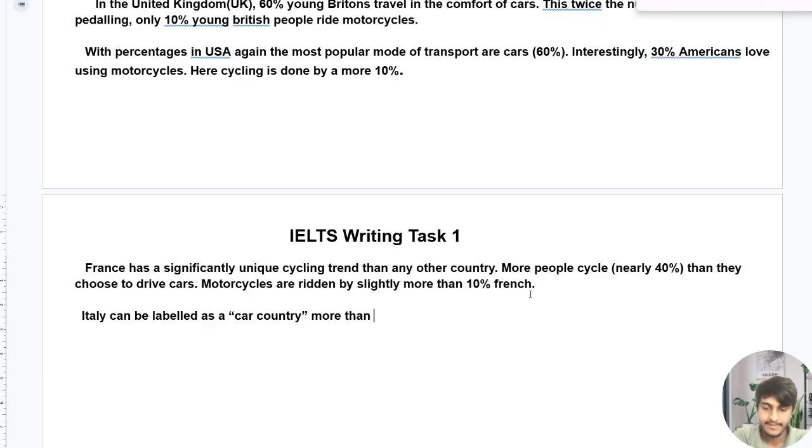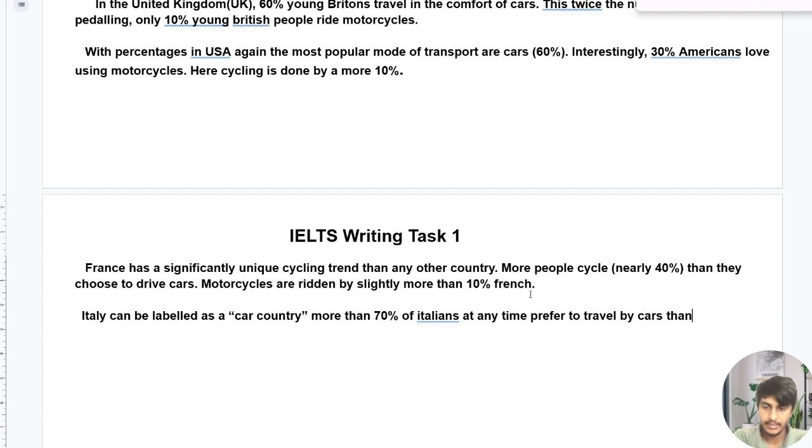More than 70% of Italians at any time prefer to travel by cars.